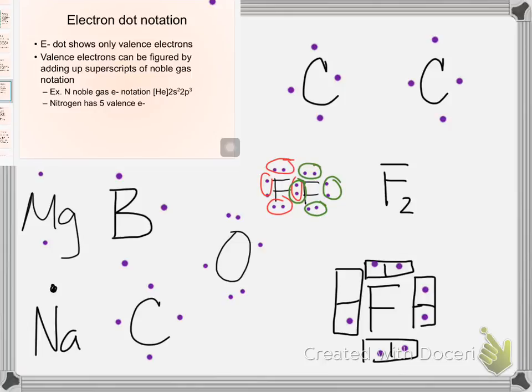So if you can count to 4, you can do organic chemistry. So I'm going to put this carbon over here, bonded to this carbon. And very often in nature what we find is carbon bonded to hydrogen. Hey, look at that.